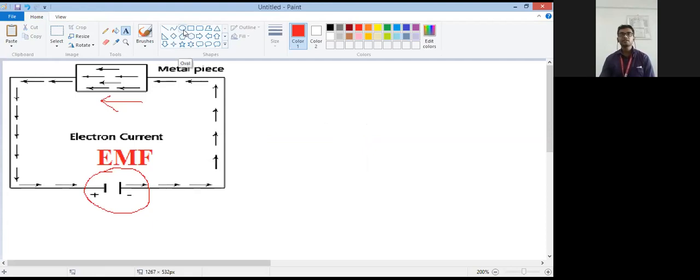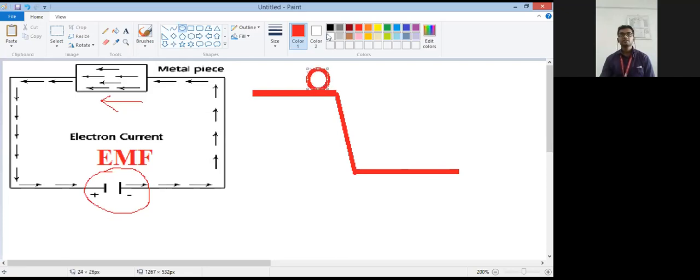See, suppose one surface is here and one surface is here, and one slope is there like this.